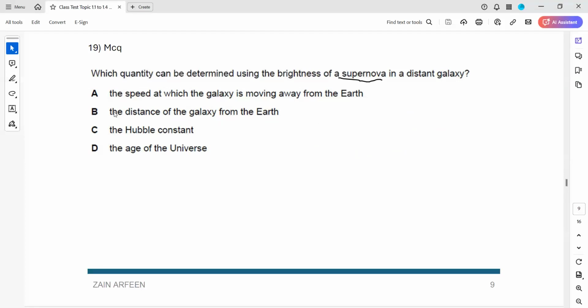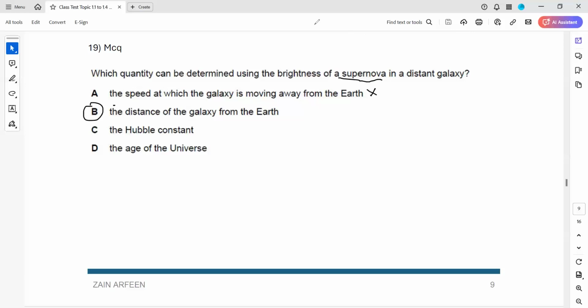So not the speed at which a galaxy is moving, but the distance of the galaxy from Earth. The light emitted from the supernova can be used to find out how far this star is from us.